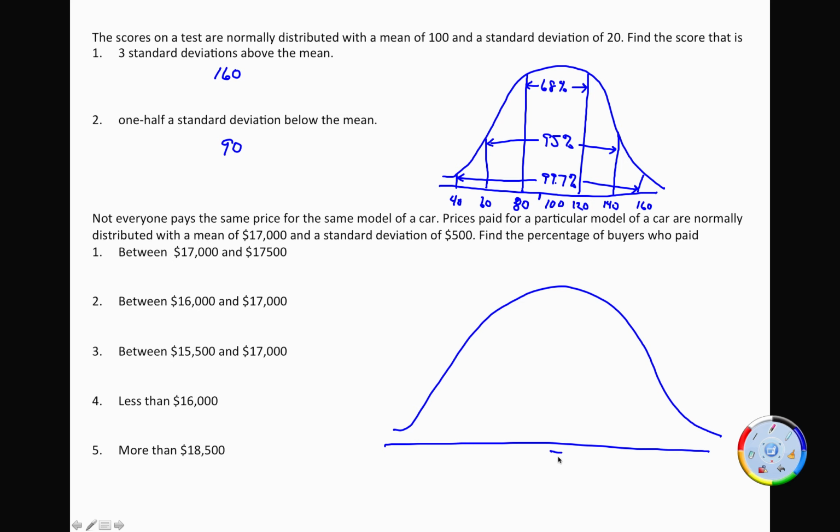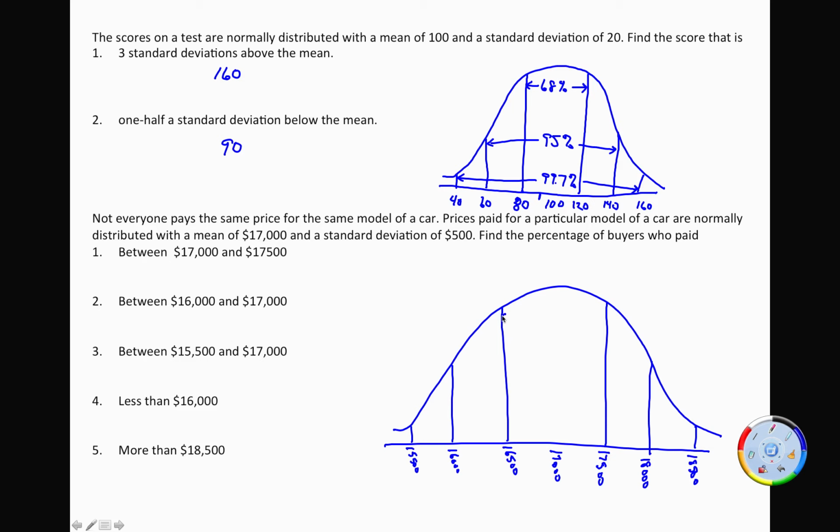Normally distributed with a mean of 17,000 with the standard deviation is 500, then I'm going to add 500 3 times. 17,500, 18,000, 18,500, and subtract 500 3 times. 16,500, 16,000, and 15,500.